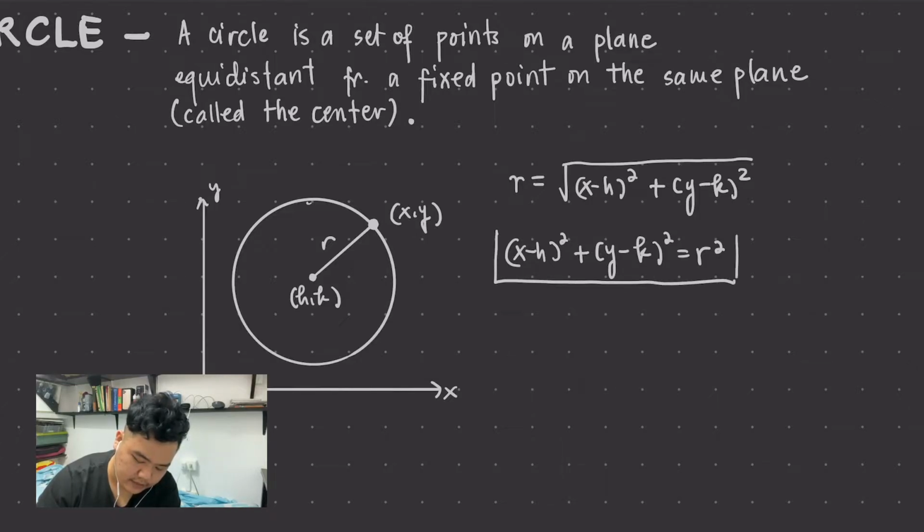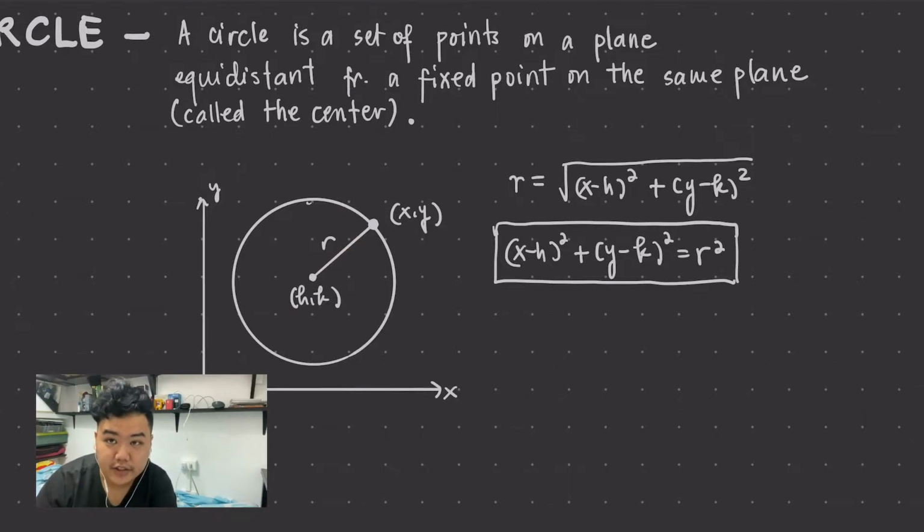And this is the equation that we want. This is the equation of a circle with center (h, k) and radius r. We call it the standard equation or the center-radius equation of a circle. So let me write that.